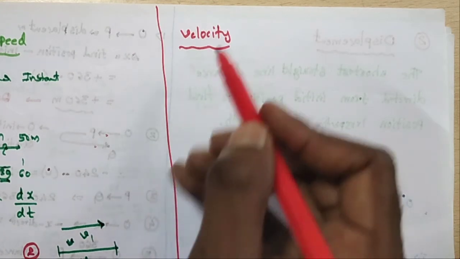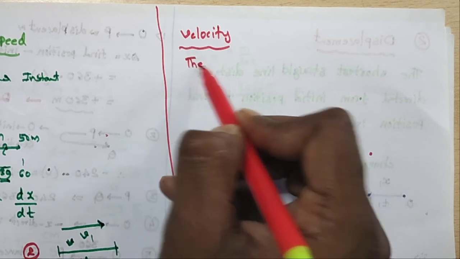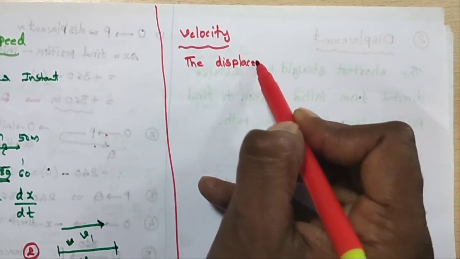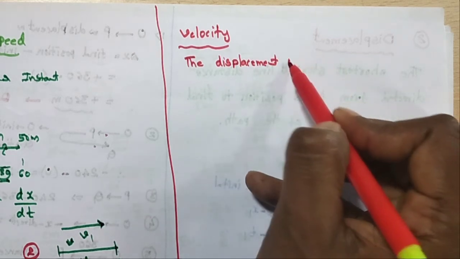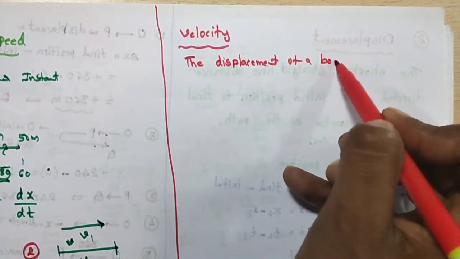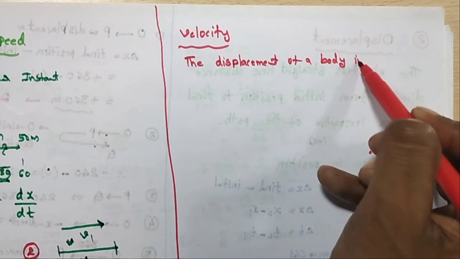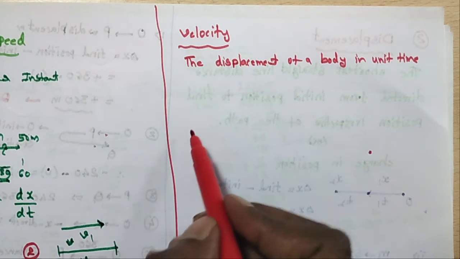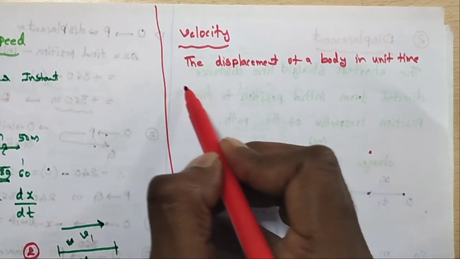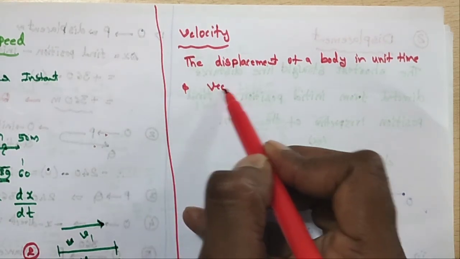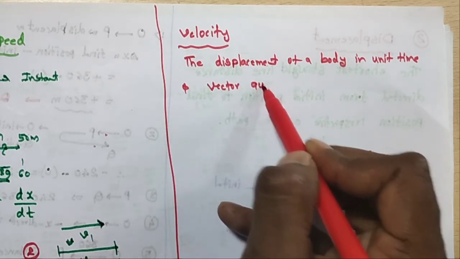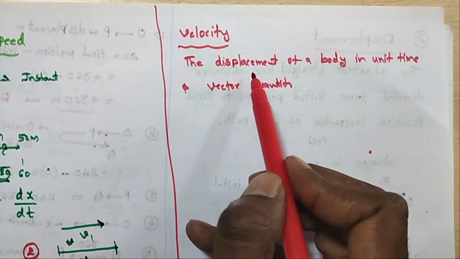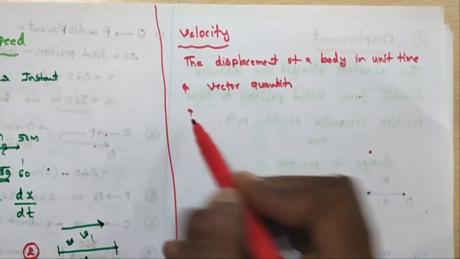Velocity means displacement. Please remember, displacement, not distance. The displacement of a body in unit time is called velocity. So velocity is a vector quantity. It depends on direction because displacement is a vector. And what are the units?